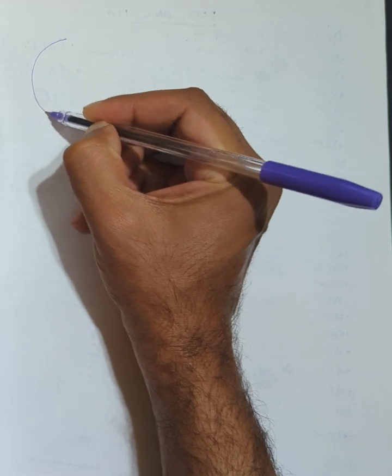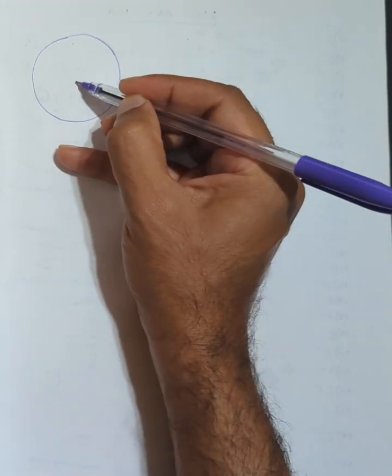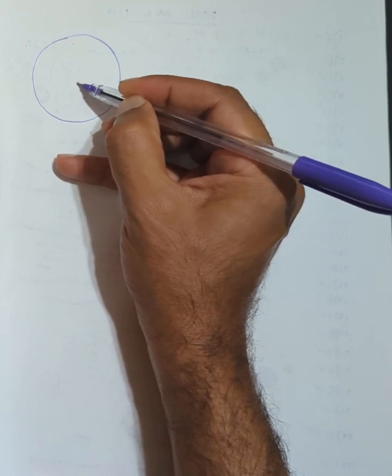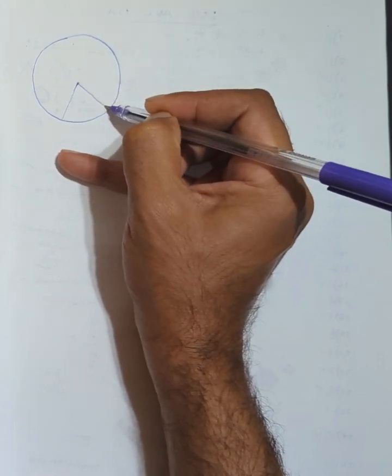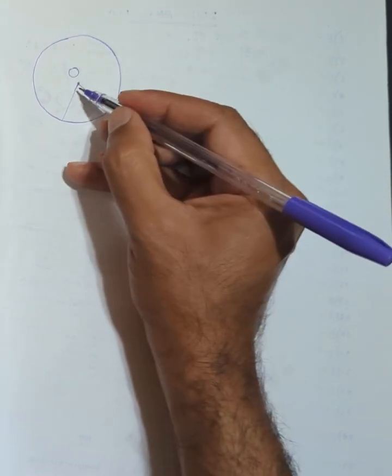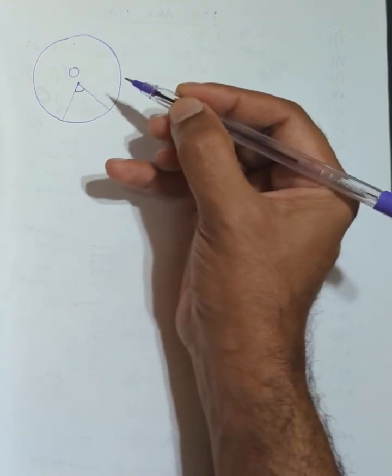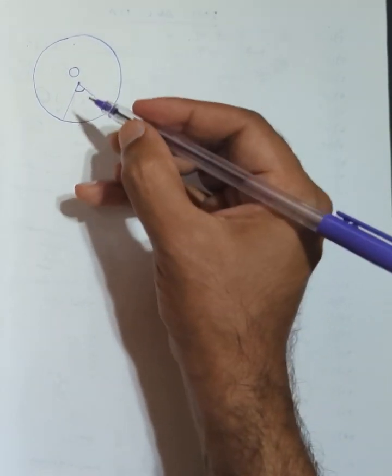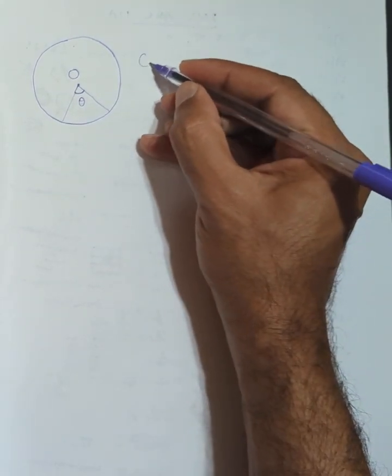And we can also, if I have a sector, but I'm not interested in the area, but only the angle. So this is the center, O. If I'm interested in this angle, this arc subtends at the center. This is called central angle.